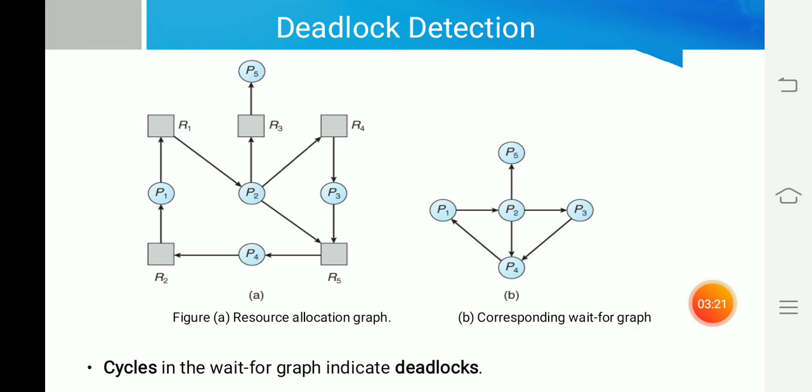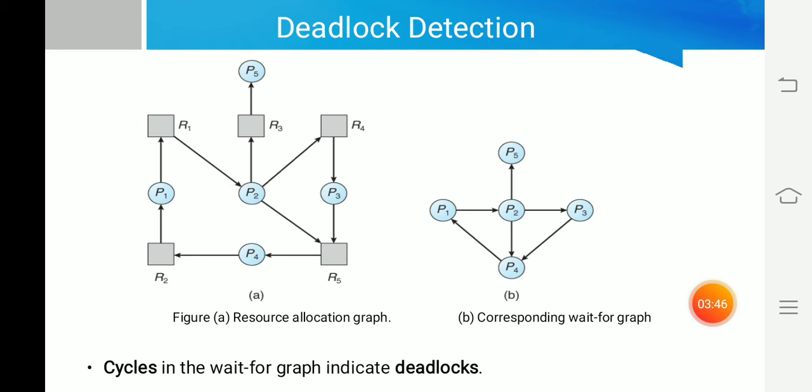You can see in the wait-for graph, figure 2, there is a direct arrow from process 1 to process 2. Next, from process 2 to resource 3 there is one arrow, and from resource 3 to process 5 there is one arrow. So just remove the resource R3 and combine the edges. In the diagram there will be a direct arrow from process 2 to process 5.